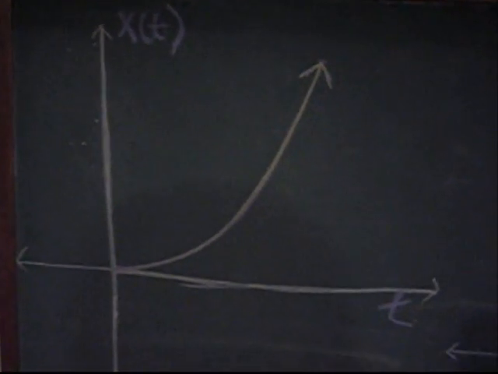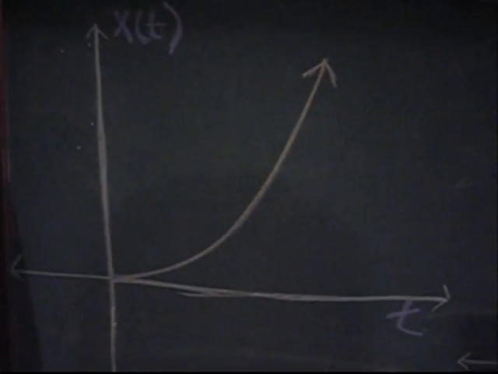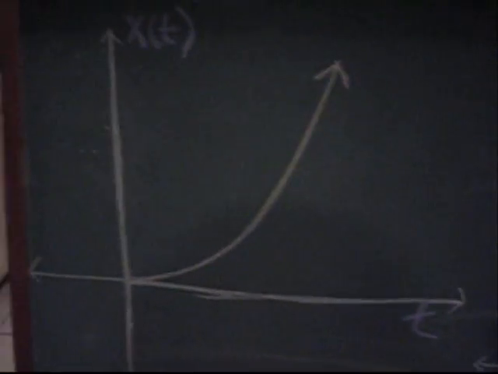Okay, so J, based on your position versus time graph, tell me everything you can find out just looking at the graph. Based on the position versus time graph, you can determine the direction of acceleration by looking at the concavity.